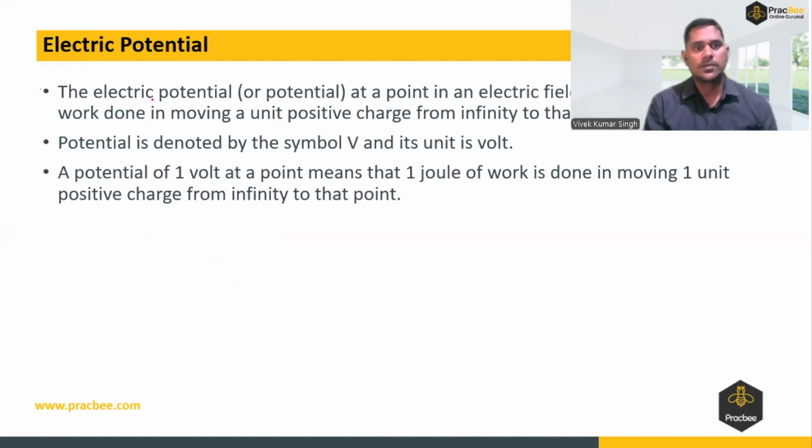Next is electric potential. So let us suppose that this is the charge we have, and I need to find out the electric potential due to this charge at point P, which is R meter away from it.